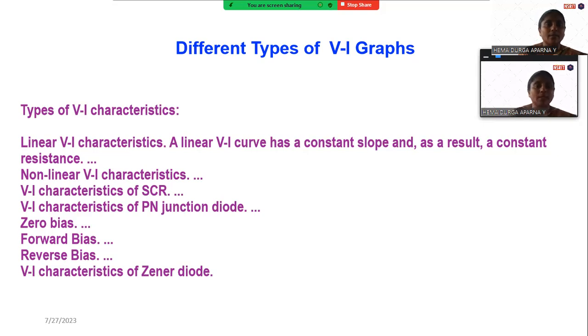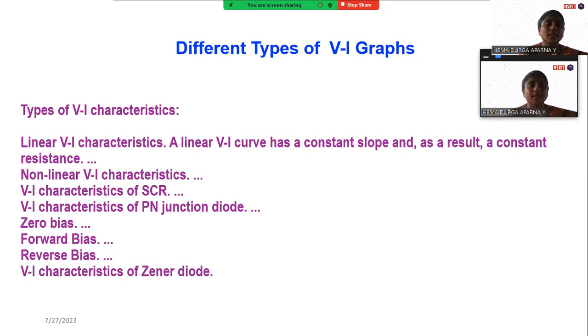You will observe a curve. And we can come to know about the VI characteristics of a rectifier known as SCR, silicon controlled rectifier. And we will be able to understand the VI characteristics of a PN junction diode, which is an electronic device.